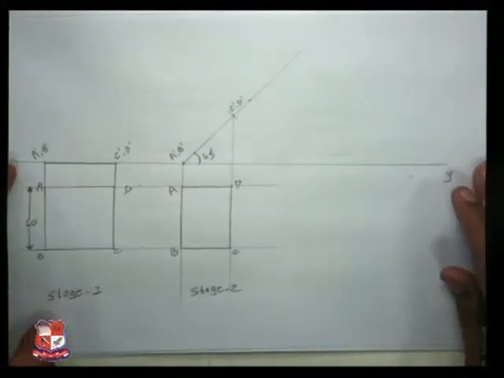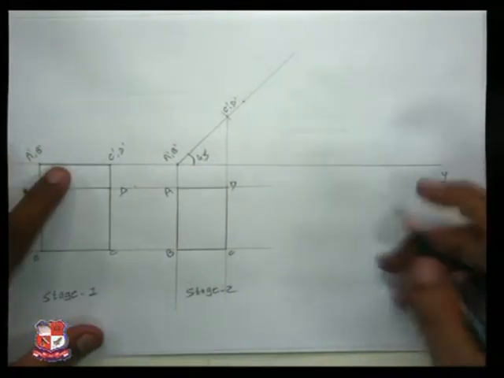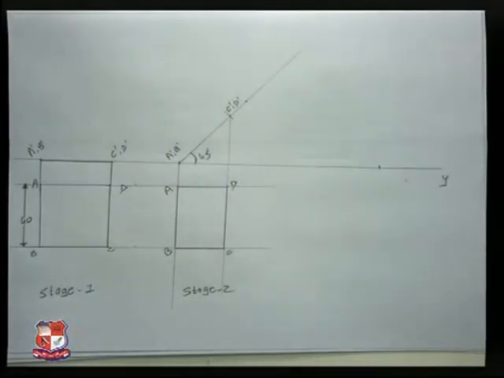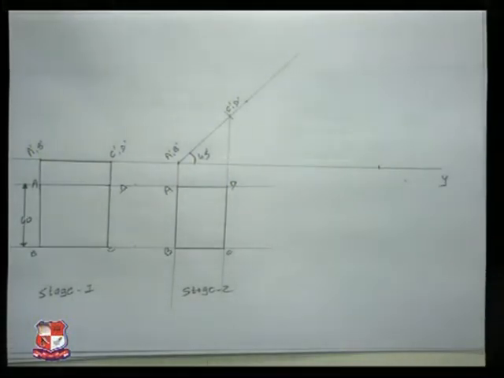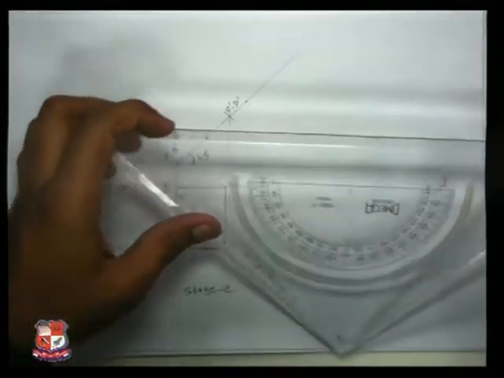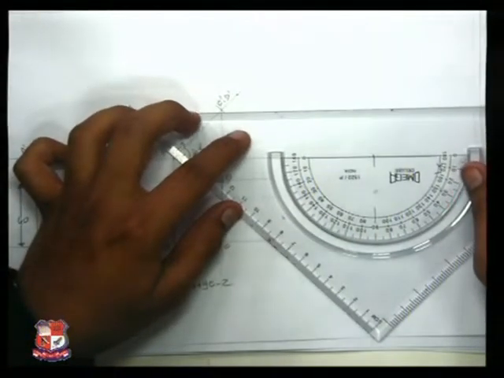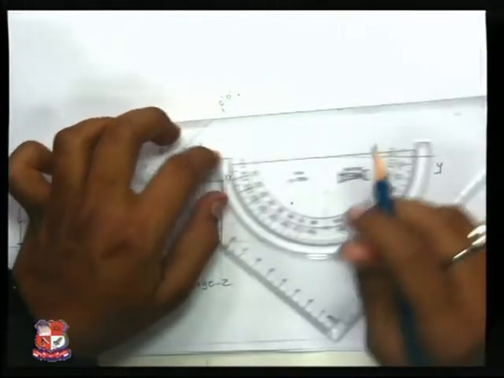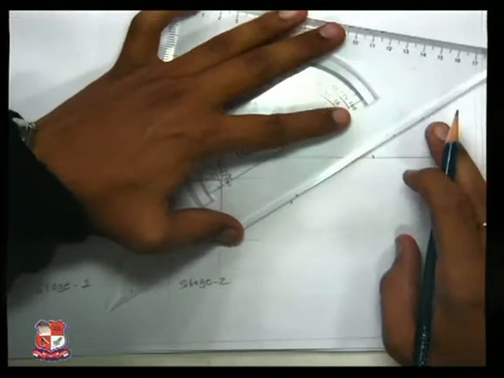Now we are moving further to the last stage of this problem. In this we will take consideration of projections with the VP. The angle with VP is given as 30 degrees, which means that we need to draw a reference line at 30 degree below XY line.